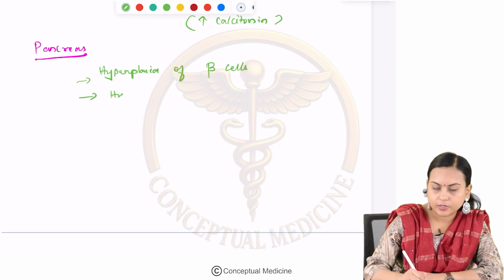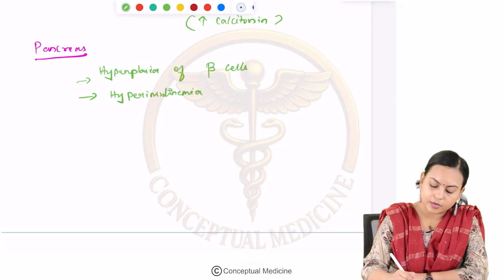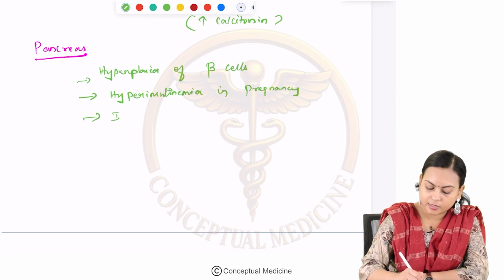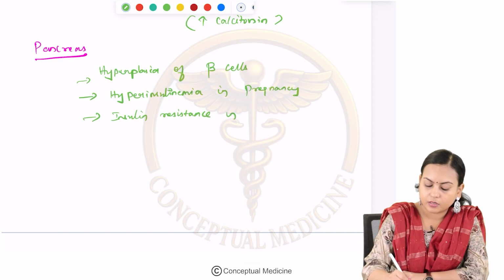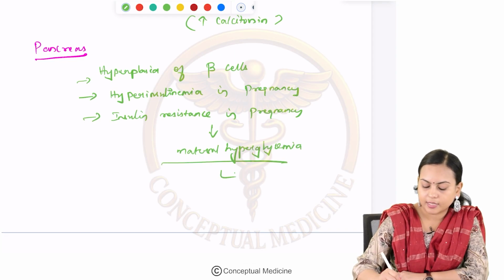So, already we know there is a state of hyperinsulinemia in pregnancy, insulin resistance in pregnancy, which will lead to maternal hyperglycemia, and this happens especially in the second half of pregnancy.